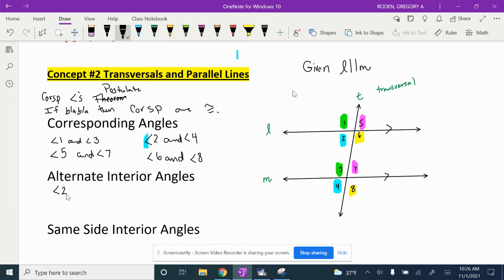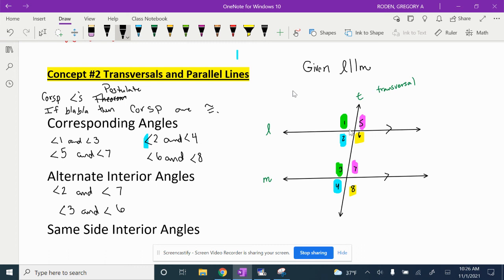Angle 2 and angle 7. Okay, Tanner, give me another pair of alternate interior angles. 3 and 6. So angle 3 and angle 6. Okay, you guys with me on that?